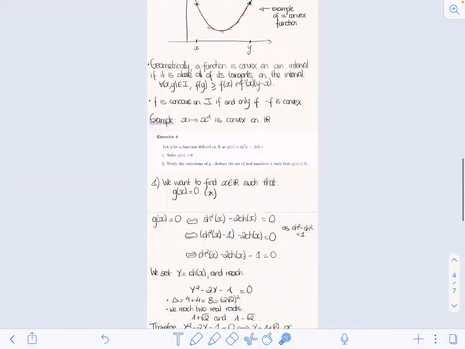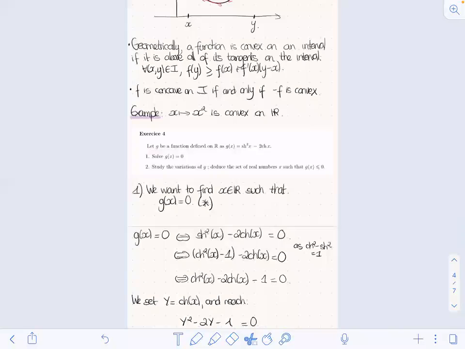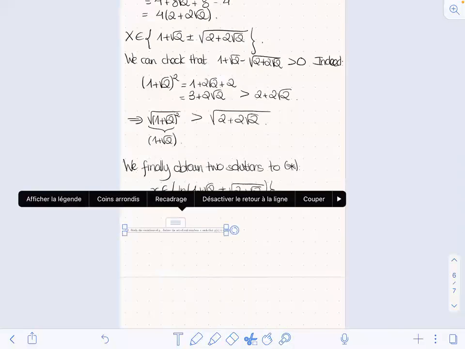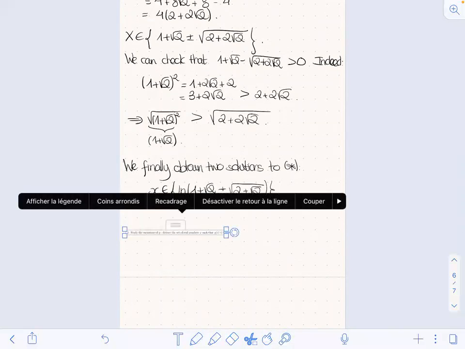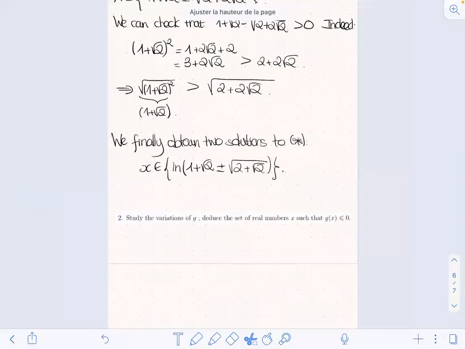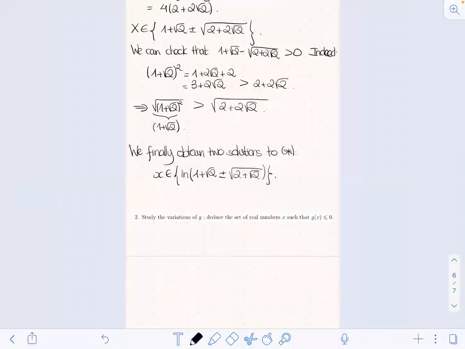Actually, I'll just get the question and then I'll move back down anyway, so you'll still have hopefully the text. So if we take a look at question 2 that we're going to deal with, what we've studied so far is the equation g of x equal to 0. What we want to do now is use analysis of the variations of g. We need to compute the variations of g and deduce where g of x is negative.